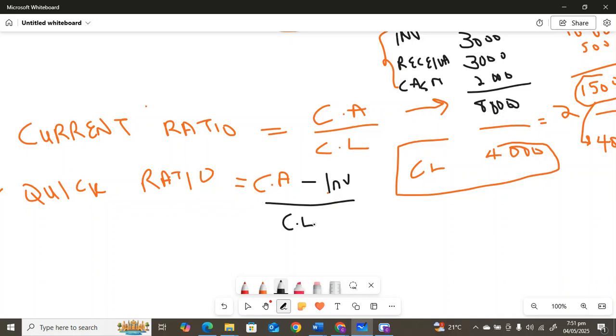Even with this one, if the ratio is above 1, it means you're at a very good position, because if you remove your inventory from the equation, with your other current assets you can pay for your current liabilities. But if your value is less than 1, it means without inventory, you cannot pay for your current liabilities, basically.